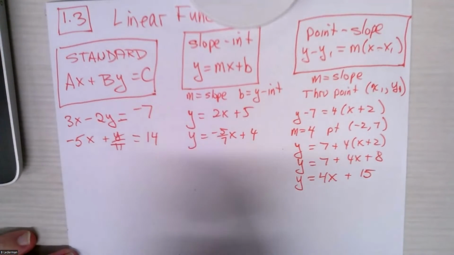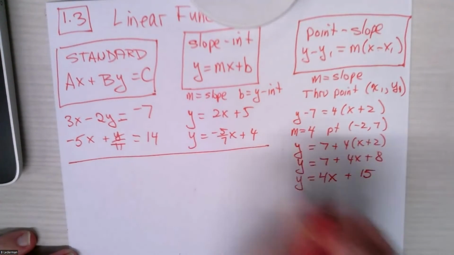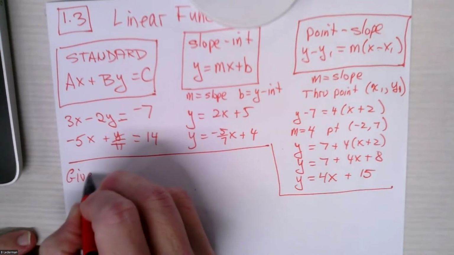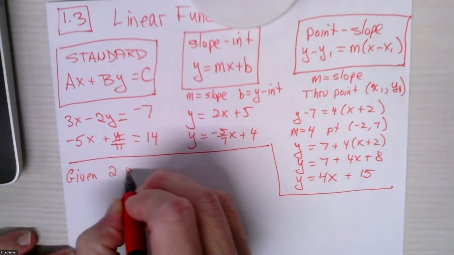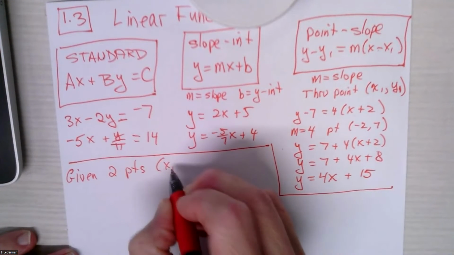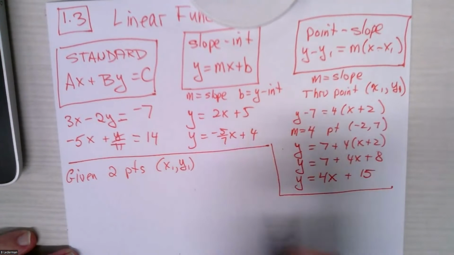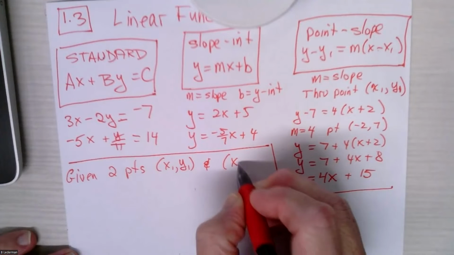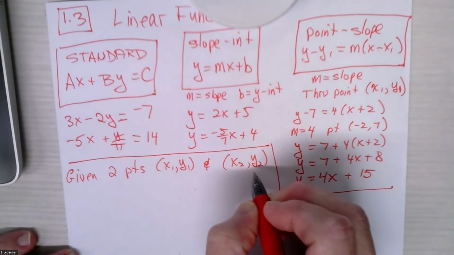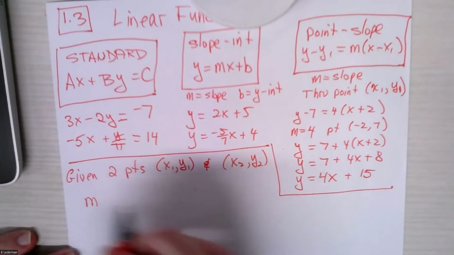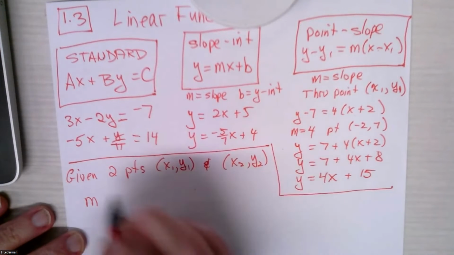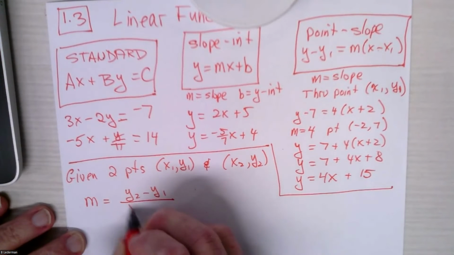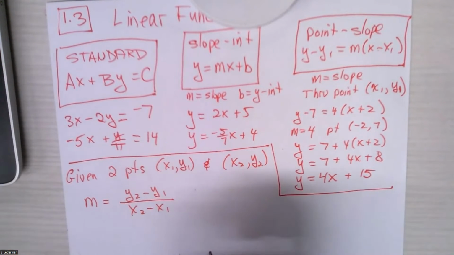So if I'm given 2 points, and they are x1 comma y1, that's my first point, and x2 comma y2, that's my second point, the slope of the line connecting these points is going to be y2 minus y1 over x2 minus x1.